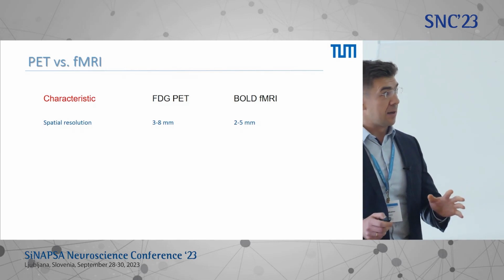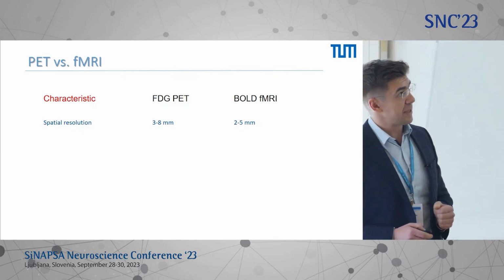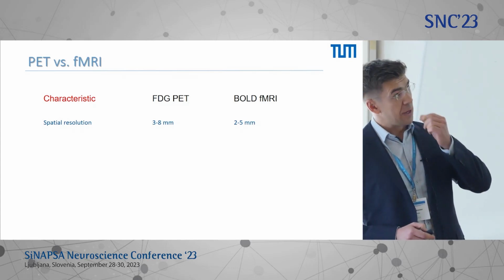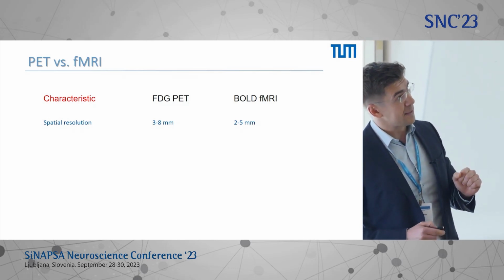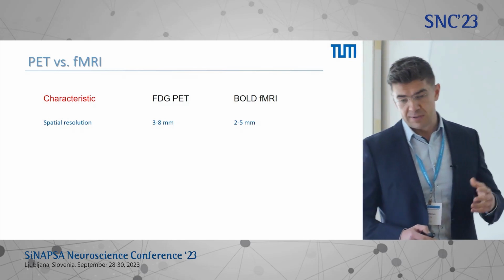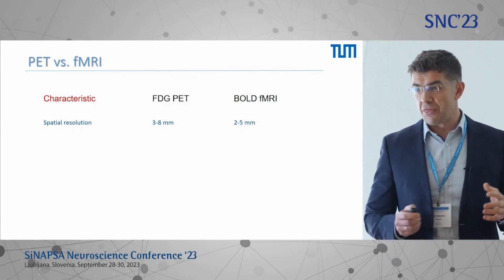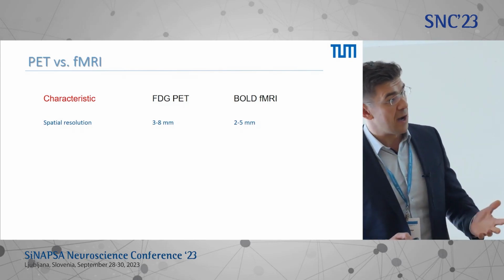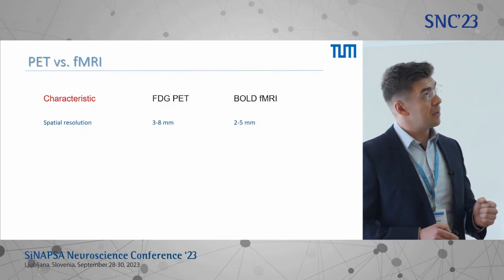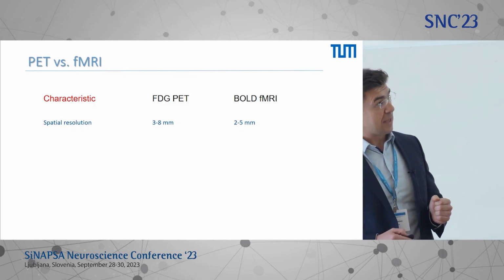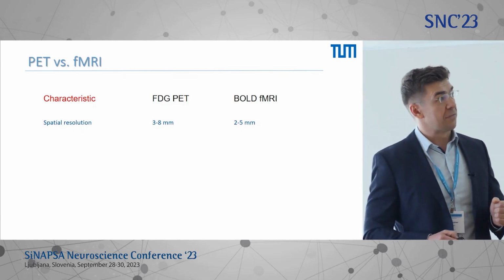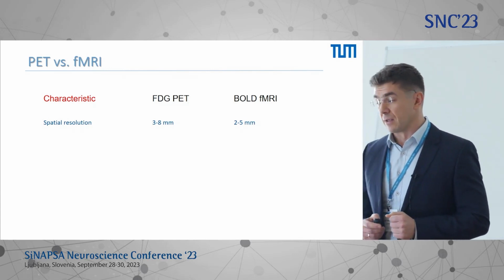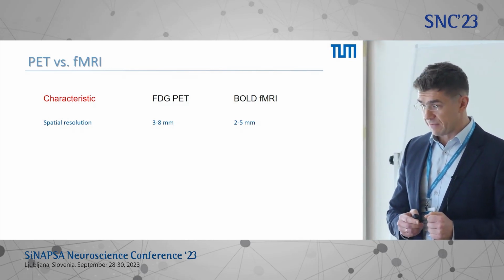If we compare, let's say, average spatial resolution between FDG PET and BOLD fMRI, by the way, why I would like to compare these modalities: both are markers of neural function, and FDG is by far the most popular PET tracer, while BOLD fMRI, as we know, is by far the most popular method in the field of brain connectivity.